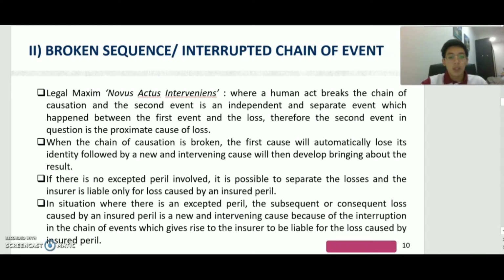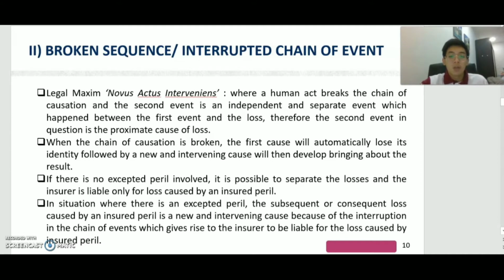When the chain of causation is broken, the first cause will automatically lose its identity and efficiency, followed by a new and intervening cause which will then develop, bringing about the result. If there is no excepted peril involved, it is possible to separate the losses, and the insurer is liable only for loss caused by an insured peril, because the excepted peril is not involved in that situation.